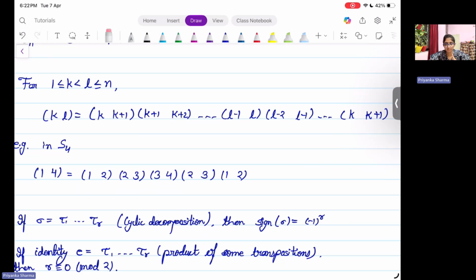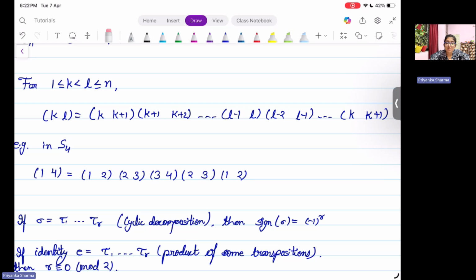We continue the product like this until we reach the transposition L minus 1, L. After that, we decrease to reach K again. Note that here all the transpositions are simple transpositions.